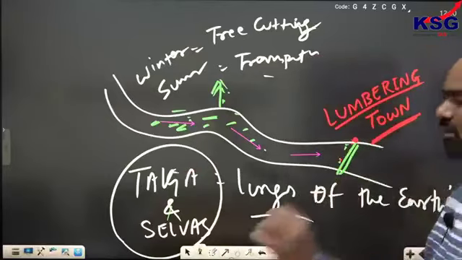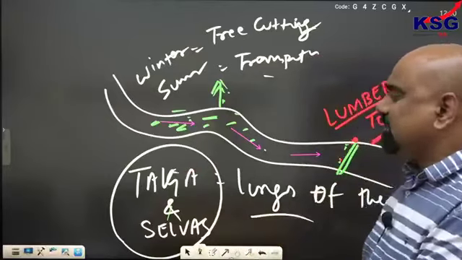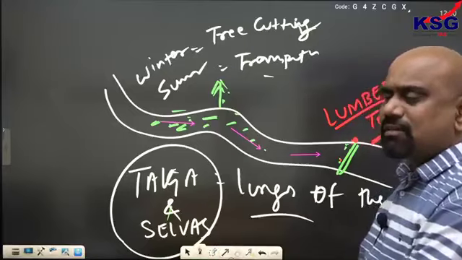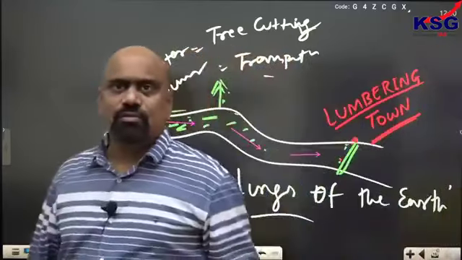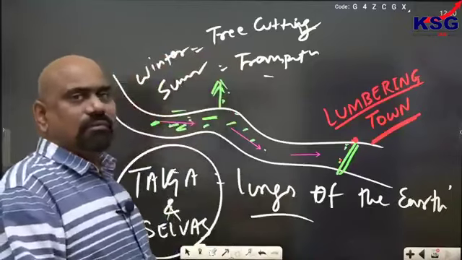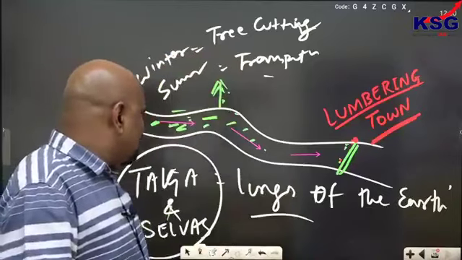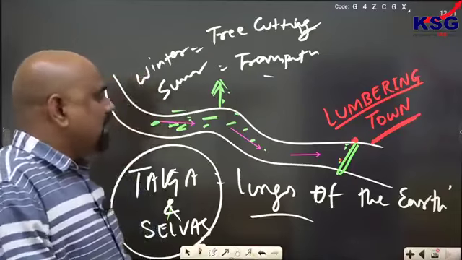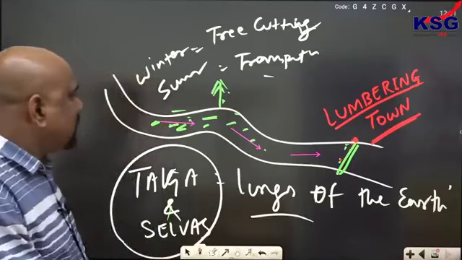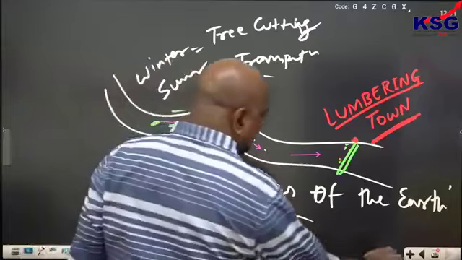Selvas and taigas are responsible for providing proper oxygen, so they are known as the lungs of the earth. So it has the greatest ecological significance.